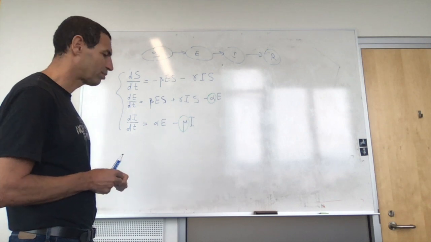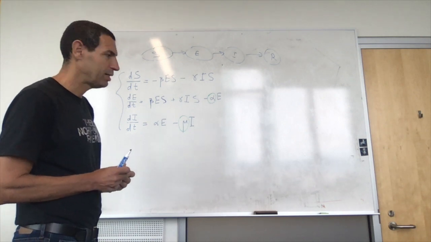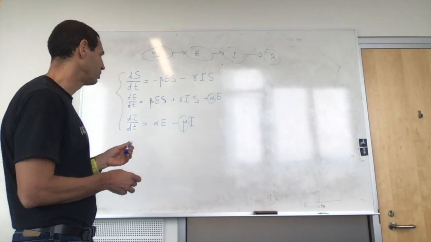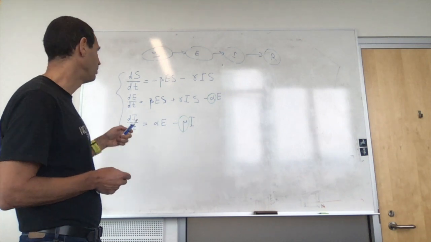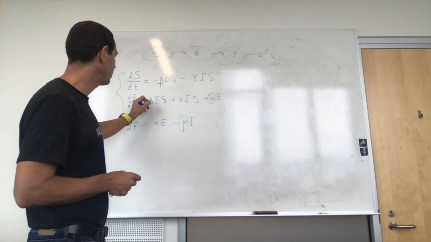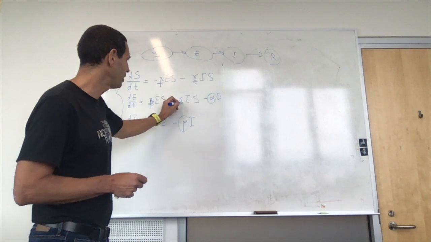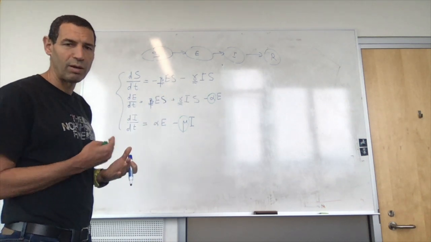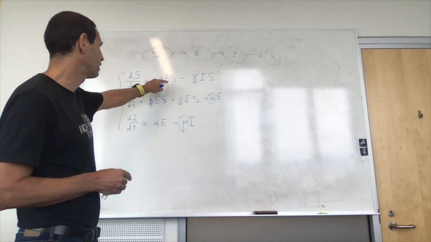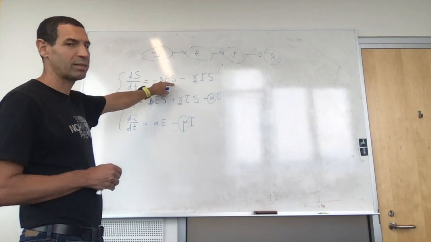On the other hand, the parameters we can control are exactly these parameters that relate to the interaction between patients. So the parameters beta, which appears here, and gamma, which appears here, are telling you how much interaction we have between exposed people and susceptible people.